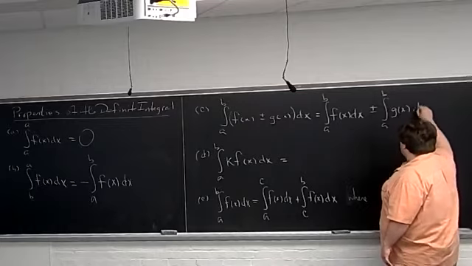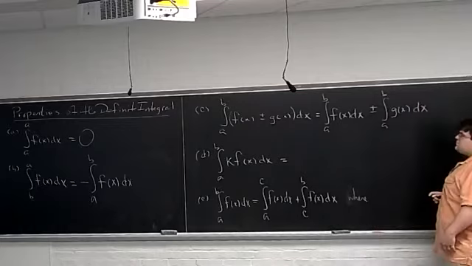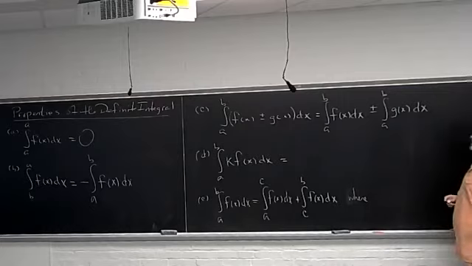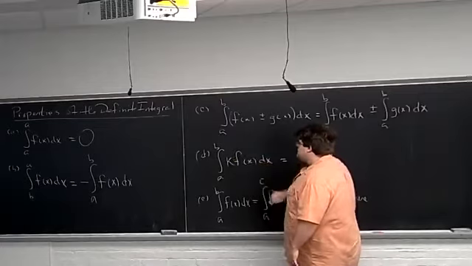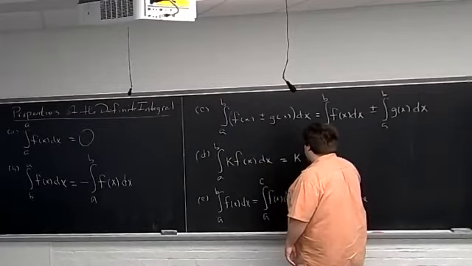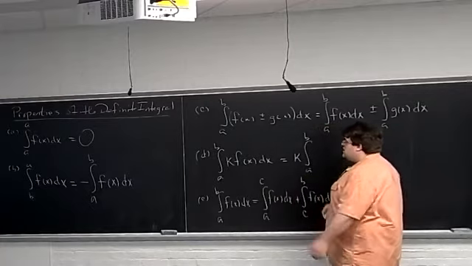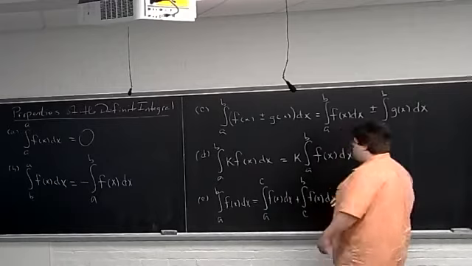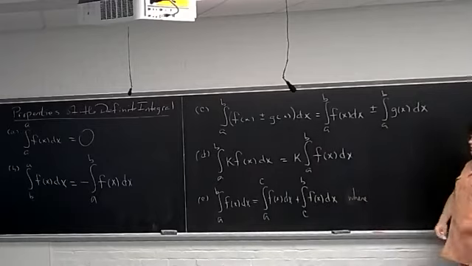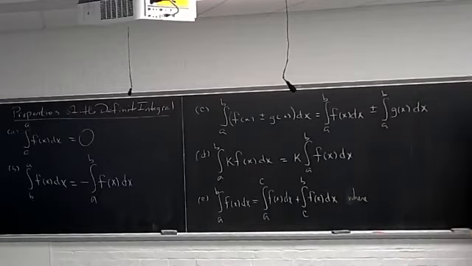If you have a few things added together, you can do them piece by piece. And also, if you have a constant times a function, you can pull that constant out of the integral. These properties C and D work for all of the calculus constructs we've considered.